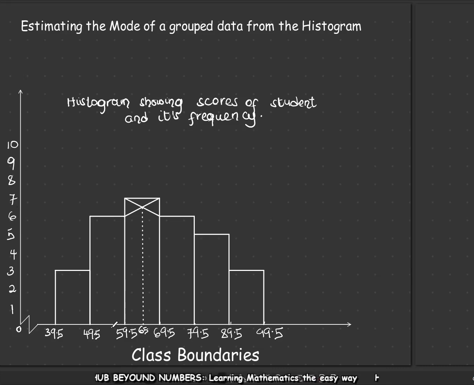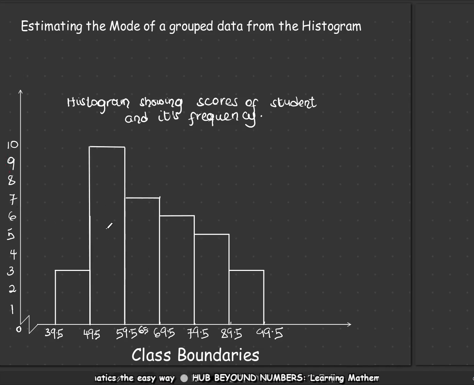To get the mode itself, as we have explained over here, join a line from the top corner of your modal class to touch where the adjacent class begins, and you do the same on the other side. So it's something like an X. Then you trace downwards from the intersection of your two diagonals, and look for the approximated value over here.